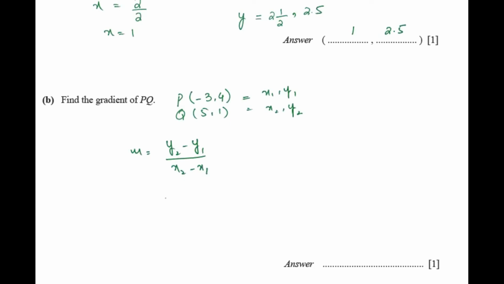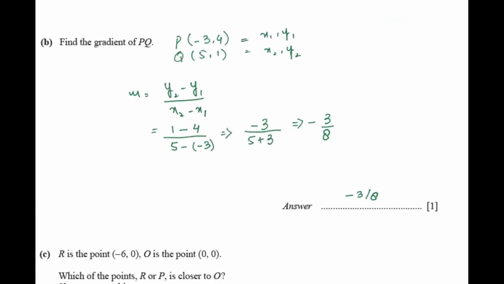Now when we substitute the values, it will be y2 minus y1, so 1 minus 4, divided by x2 minus x1, so 5 minus, and as x1 has a negative sign, we will write this in brackets. So it's equal to -3 upon 5 plus 3. 5 plus 3 is equal to 8. So the answer is -3 upon 8. The gradient m is -3 upon 8.